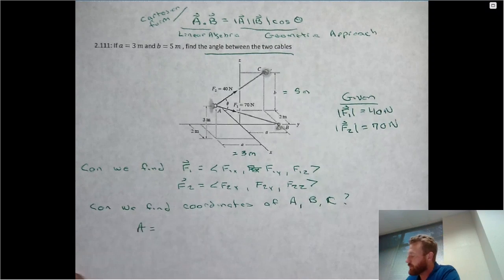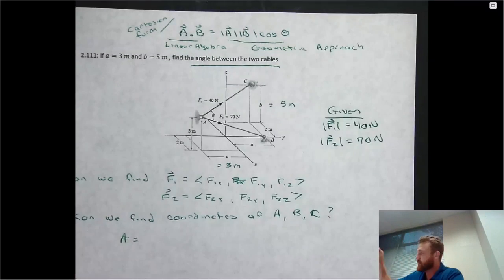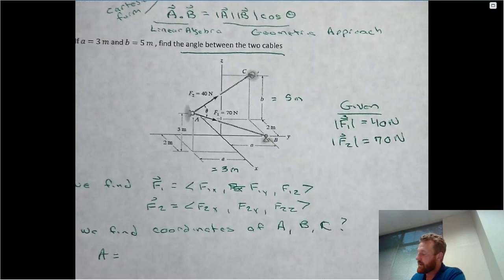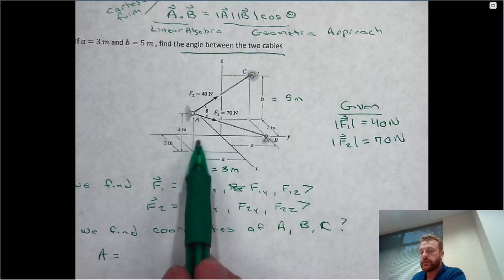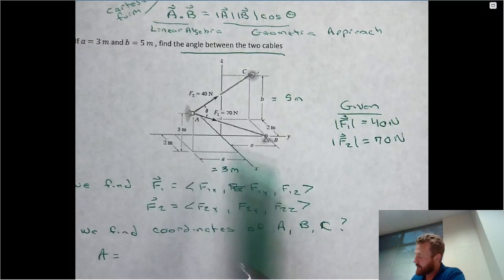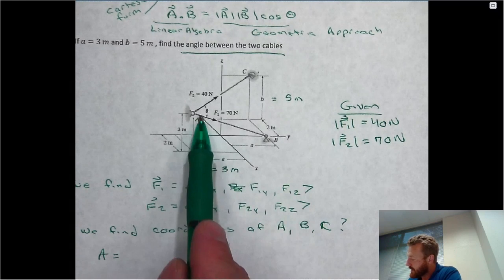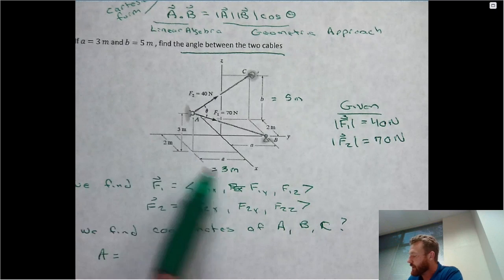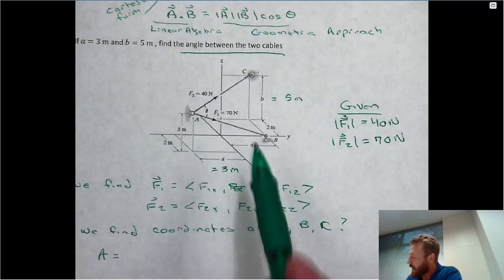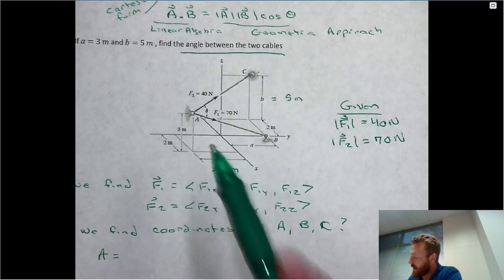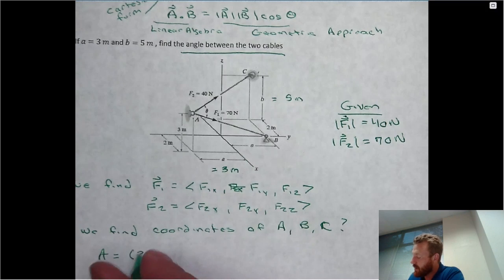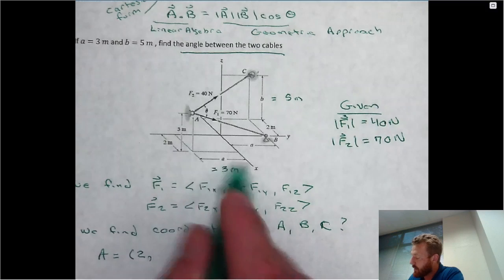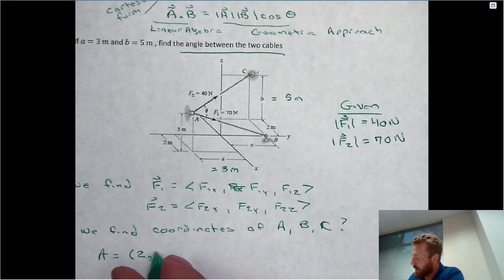Let's try to find the coordinates of point A. If we look at the geometry that we're given, and I'm going to zoom in here, usually the way you do this is you see if they have a projection of the point into a two-dimensional plane. In this case, fortunately, they do. In the projection of point A into the two-dimensional plane, to get there you go out in the positive x direction by 2, and you go in the negative y direction by A. So point A has an x coordinate of 2, and a y coordinate of whatever the value of A is, which is 3.